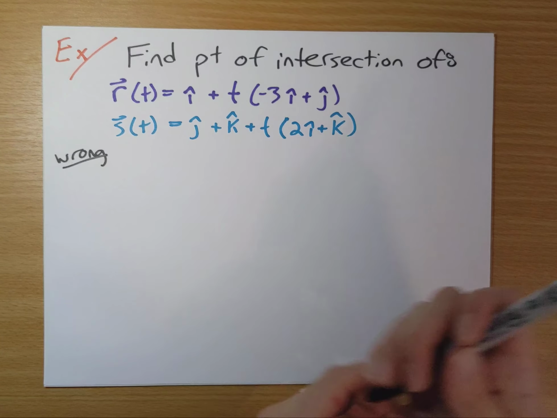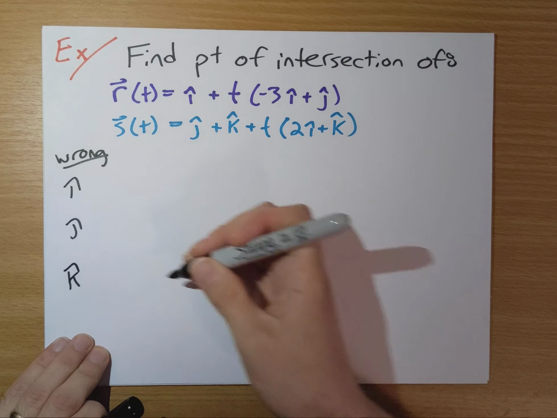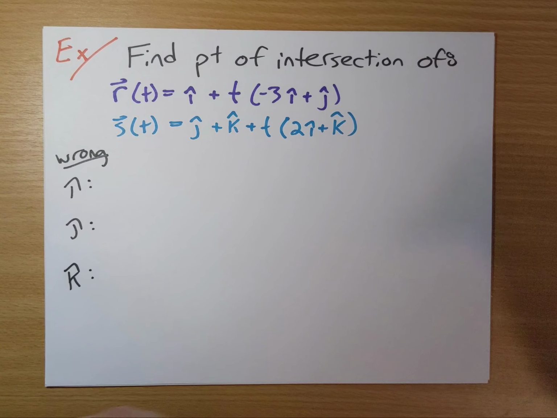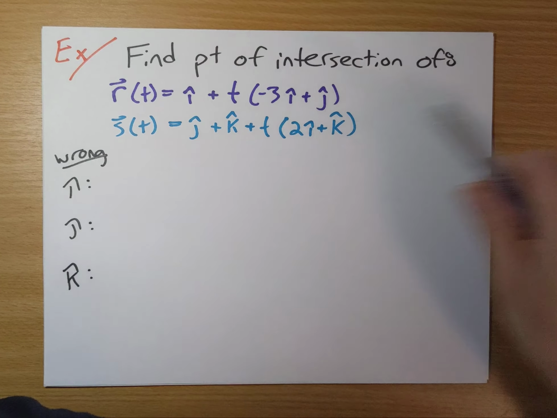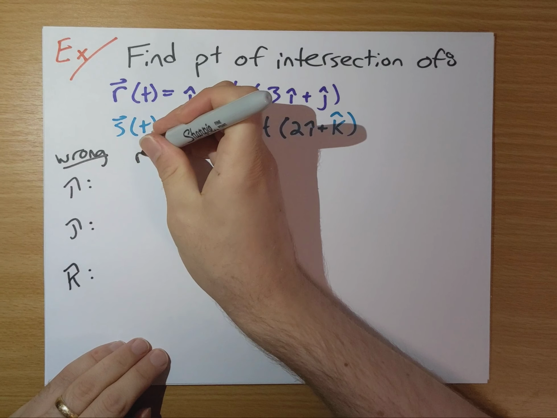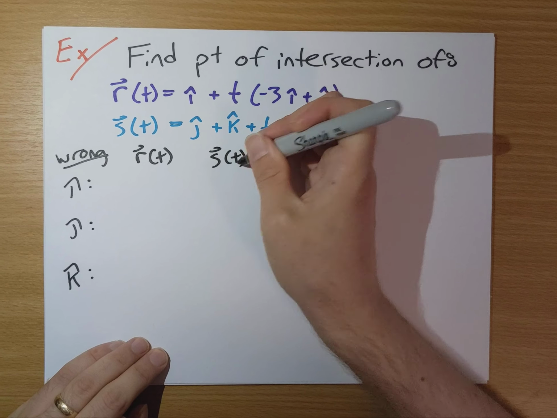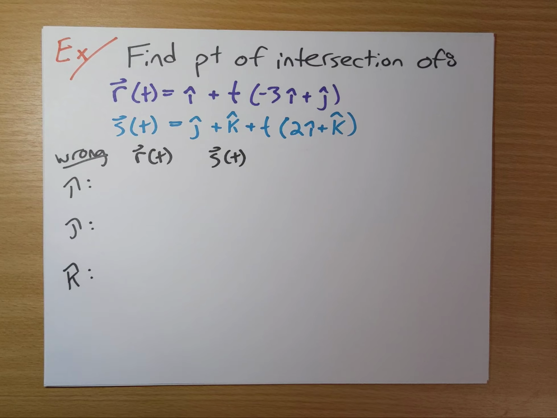We want to set up some equations here. And so we want to think about setting up an equation for each component here, the i hat, the j hat, the k hat components. We want to write down what's going on with i hat, with j hat, with k hat for each of our two parameterizations, r of t and s of t.